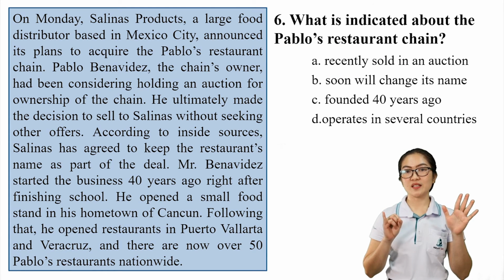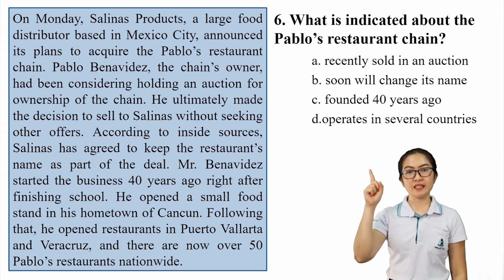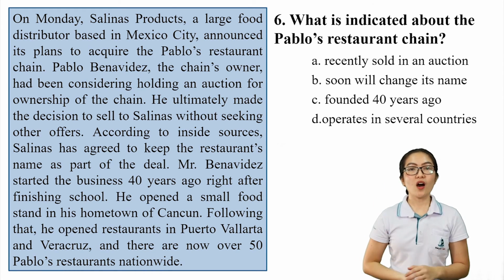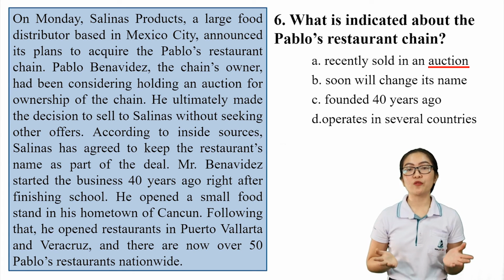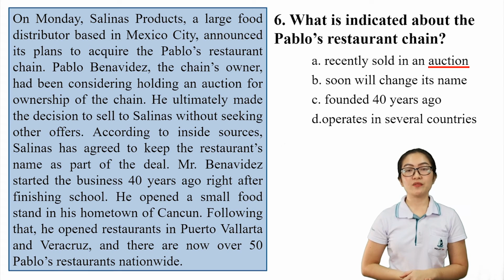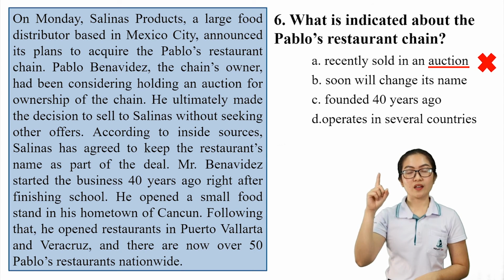Number 6. What is indicated about the Pablo's restaurant chain? Auction means a sale of property to the highest bidder. Mr. Benavides sold his restaurant to Salinas without seeking other offers. Therefore, there's no bidding or auction held. Letter A is wrong.